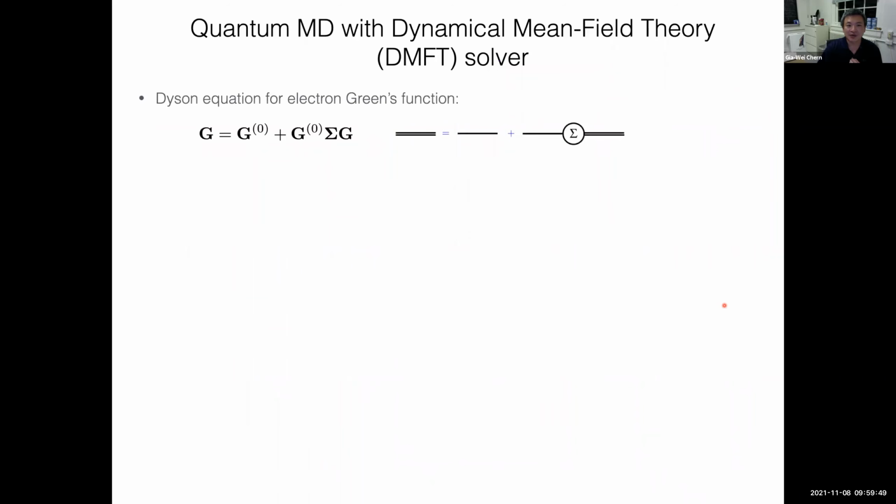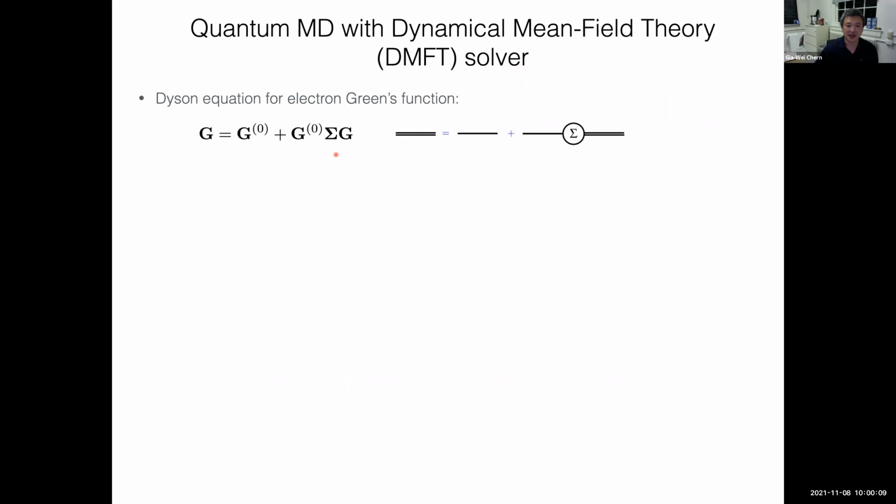Okay, and recently we also further generalized our molecular dynamics methods. Instead of using the Gutzwiller, we use the DMFT solver. So the DMFT method is based on the Green's function methods.